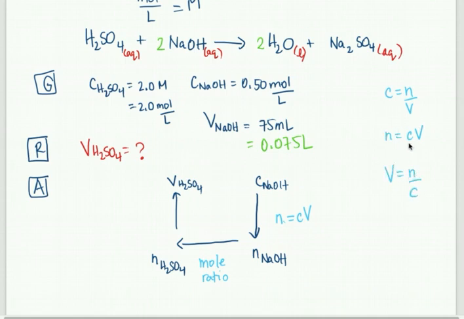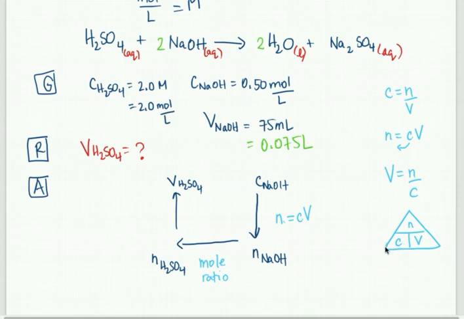So you're just rearranging it. I noticed that some of you did have this formula written out, kind of like the density formula, and that's fine as well if you prefer to use that. This way, if you're trying to find concentration, it's the amount divided by volume; if you're trying to find the amount, you take concentration times volume; and if you're trying to find volume, you take the amount divided by concentration.